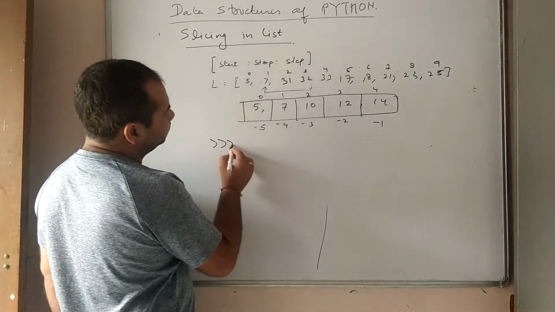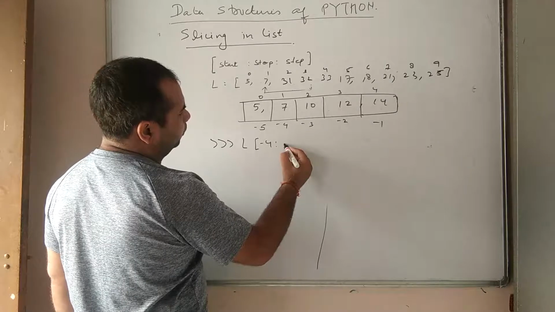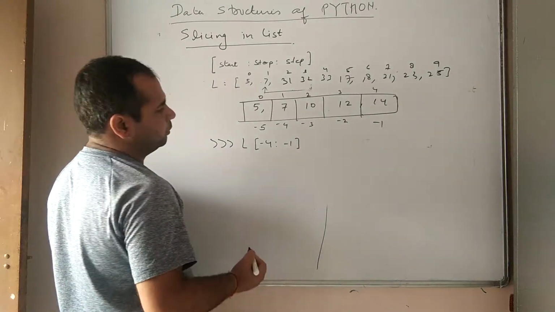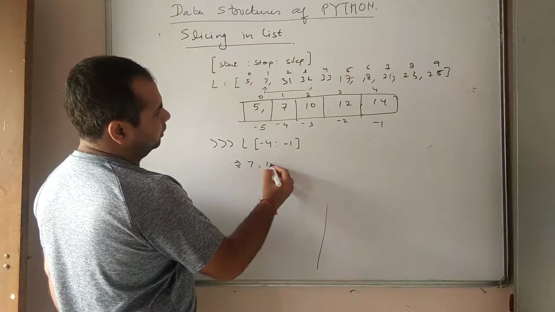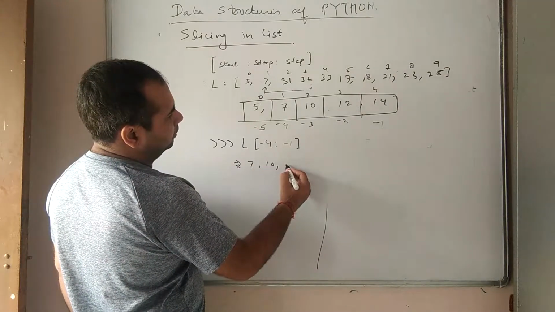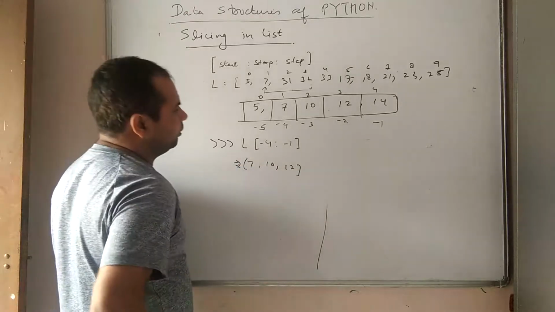So if you write -4 to -1, what will you get? You will get 7, 10 and 12. Again, -1 will not be counted.